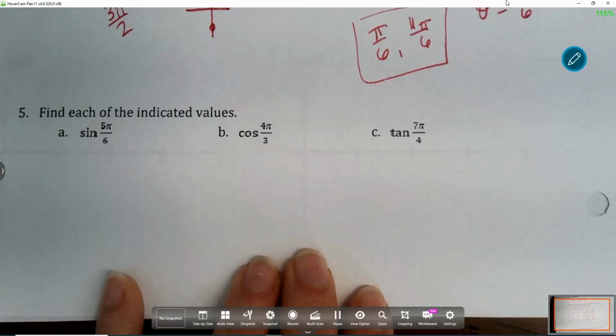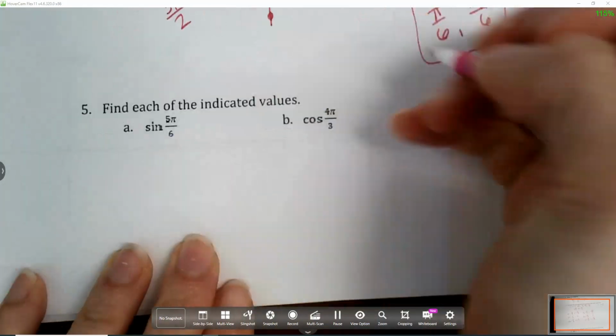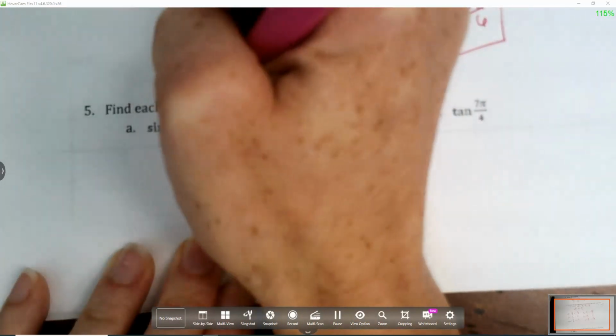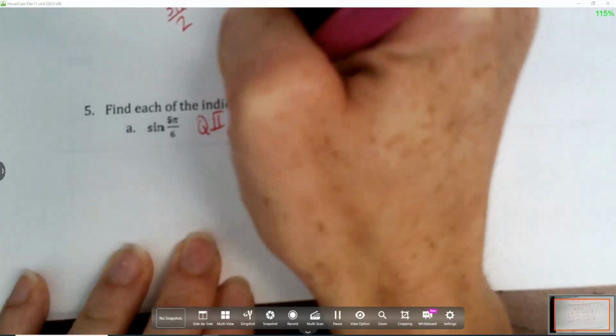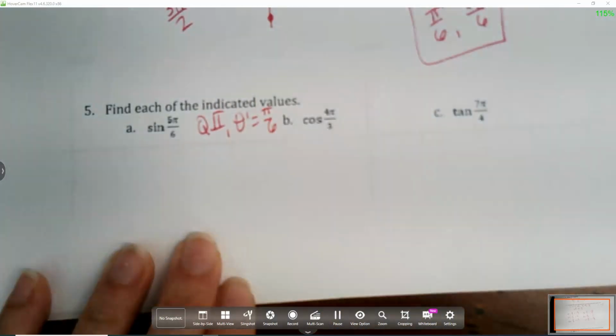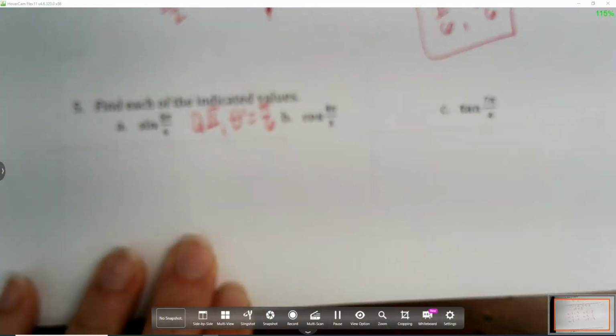Last ones. What information do I want you to write down on these? Quadrant and reference angle every time. Okay, so 5 pi over 6 is in which quadrant? 2. Reference angle would just be, okay, in quadrant 2 is sine positive or negative?